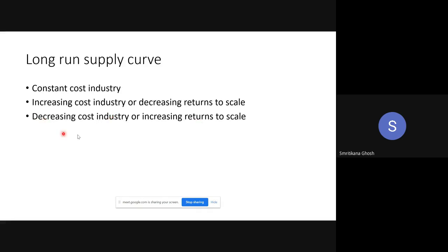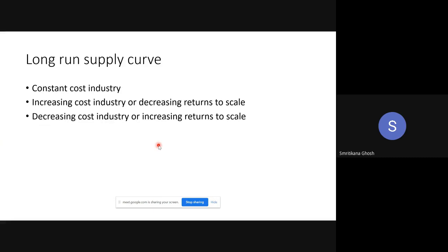What is the reason behind the decreasing cost industry? Economies of scale. What is the reason behind the increasing cost industry? The diseconomies of scale. That means the congestion, the labor problem, anything. And decreasing cost industry means everything is very much good there. Your production is so large, your average cost is falling.